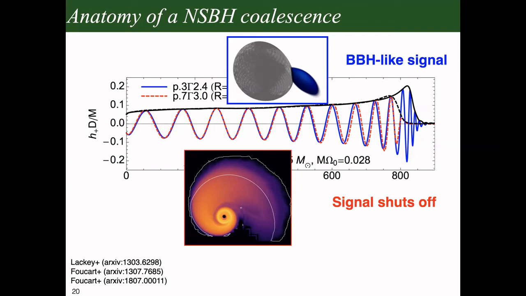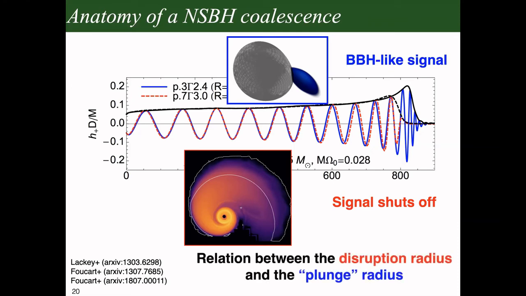The neutron star is completely torn apart, and the signal just shuts off. So where exactly this happens and what exactly we're going to see depends on the properties of the system, but whether we see the red or the blue type of signal could be used to say something about the neutron star equation of state and whether the neutron star was deformed before the merger.